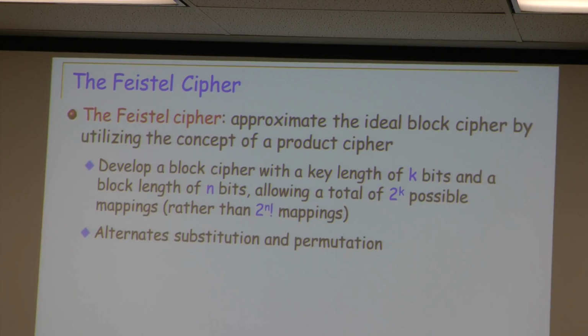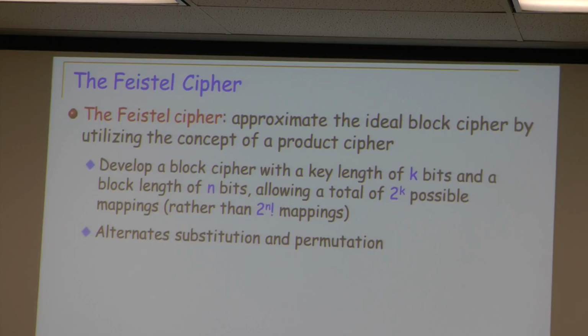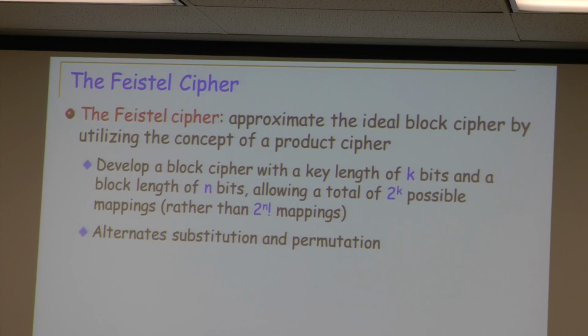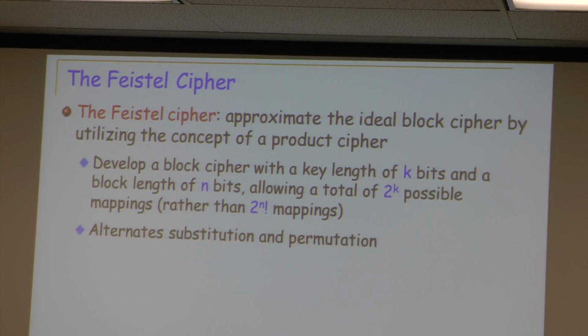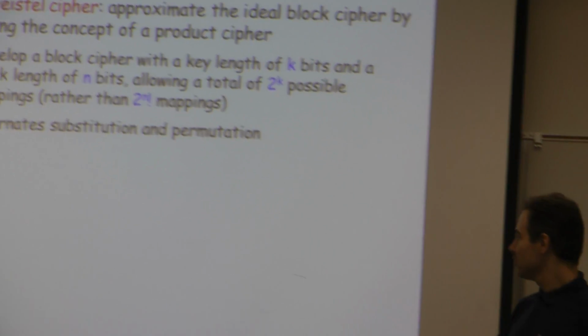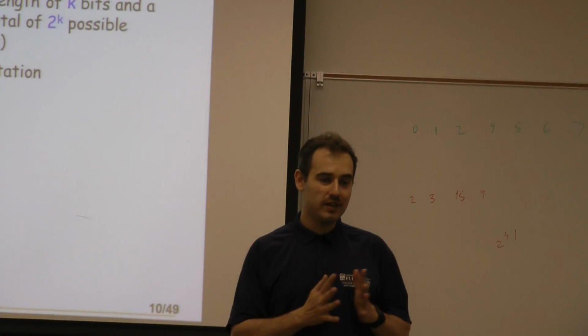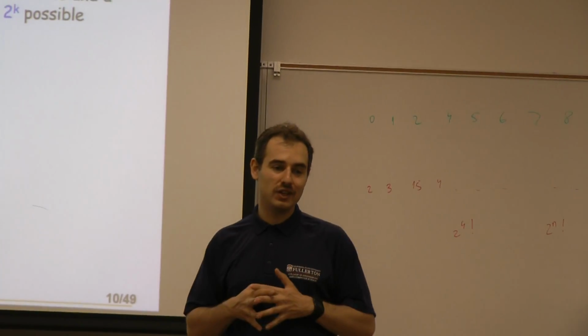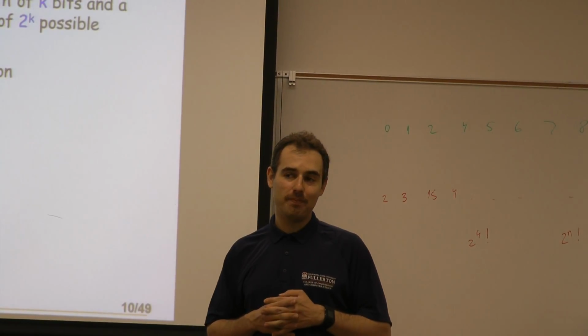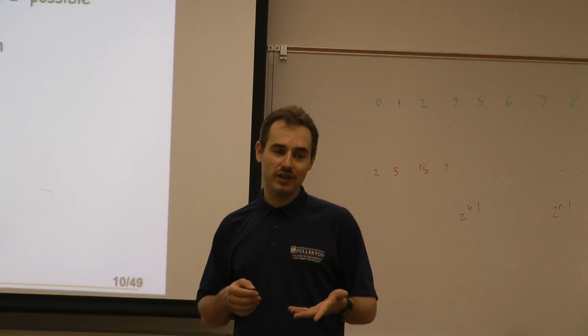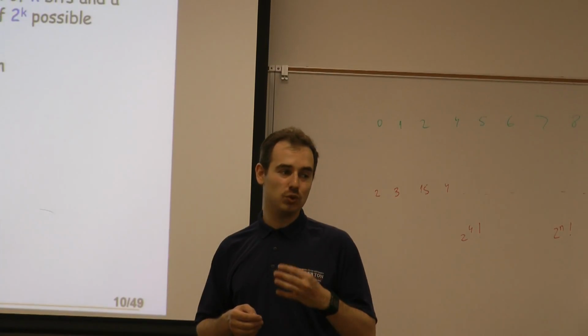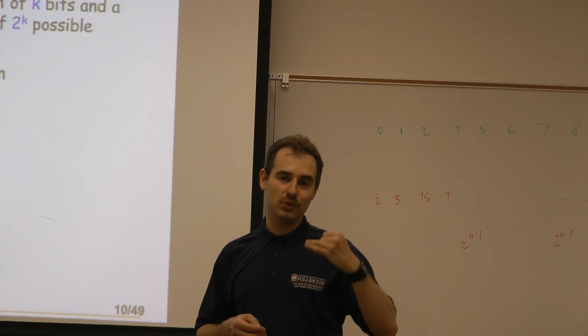We need an algorithm which will give us a smaller key size. And the beauty of the Feistel cipher is that it reduces the key size from n times 2 to the n to k bits, where k is some reasonably sized number, such as, for example, for DES it's 56, for AES it could be 128, 192, or 256.